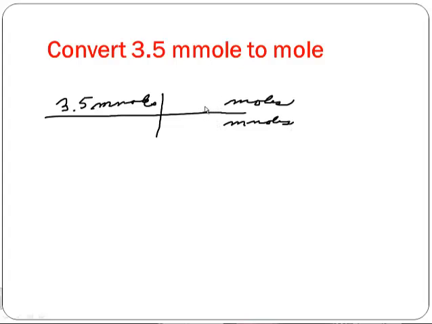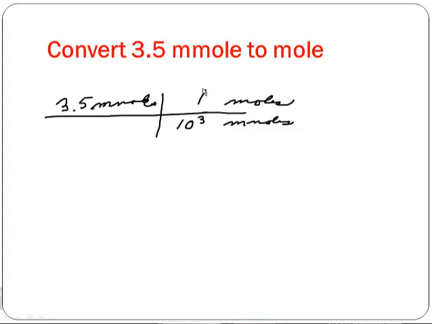And I know that 1 mole contains 1,000 millimoles, or 10 to the third. You can write either one. Let's do 10 to the third. That's equal to 1,000. So I am dividing because it is at the bottom.